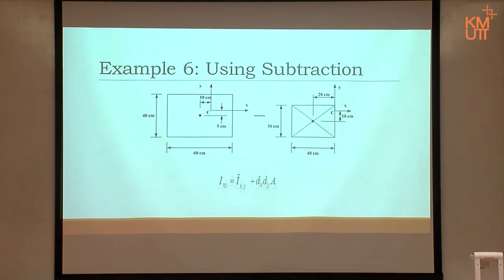Then find Ixy. Again, we are going to calculate it about the axis at the centroid. We already measured from here to here 25. That is 20, so we have 5 left.